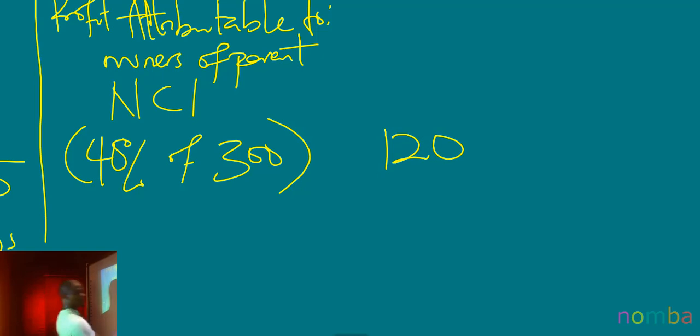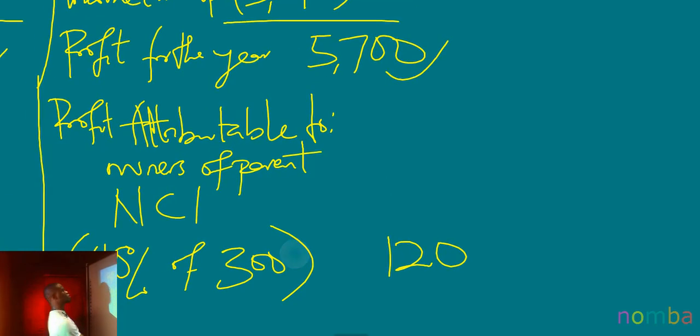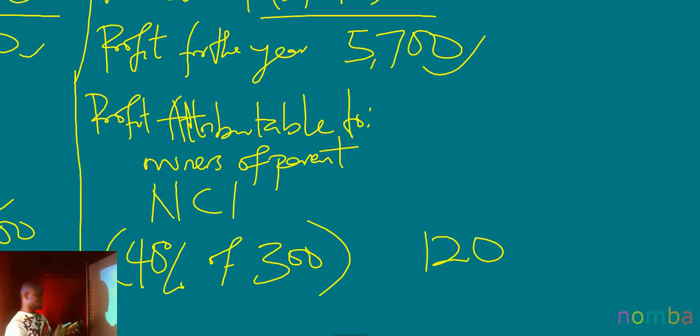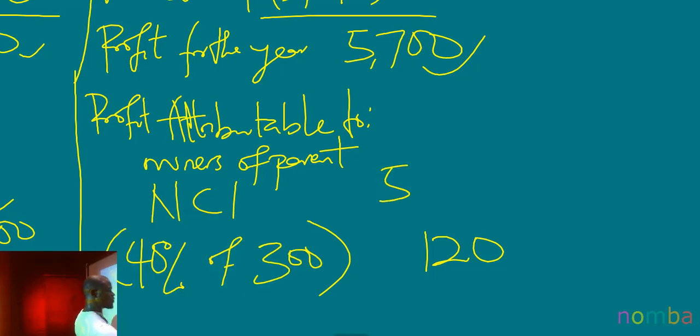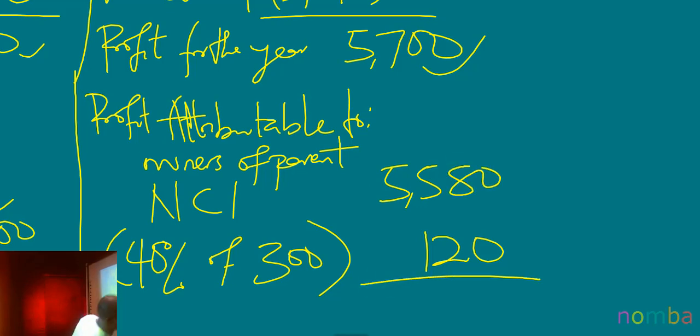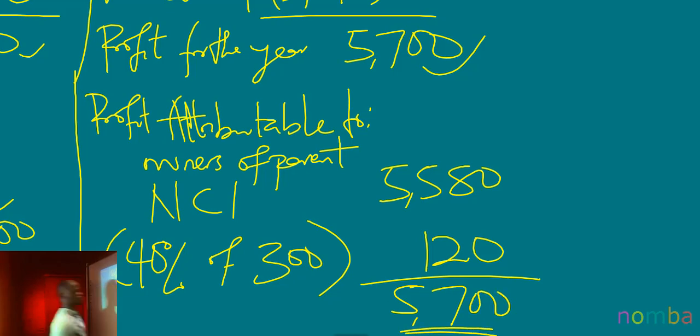So if I get 120 as the profit attributable to the non-controlling interest, the owners of parent will take the balancing figure of 5,580. So we'll have here 5,580 as well. So we have prepared the consolidated statement of profit or loss.